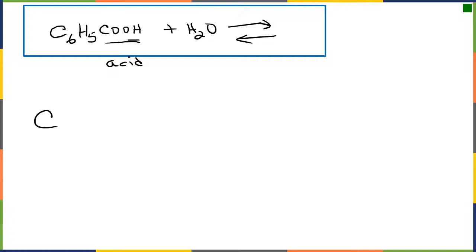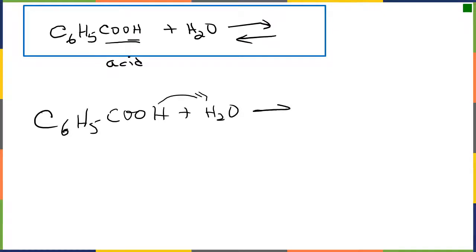This is benzoic acid, by the way, C6H5COOH, and we add it to H2O. The acid is going to donate its H plus onto water. It is going to go with two arrows, and we'll discuss the arrows in the next section.